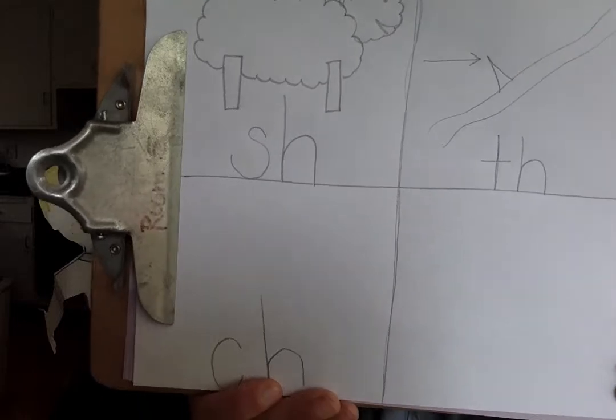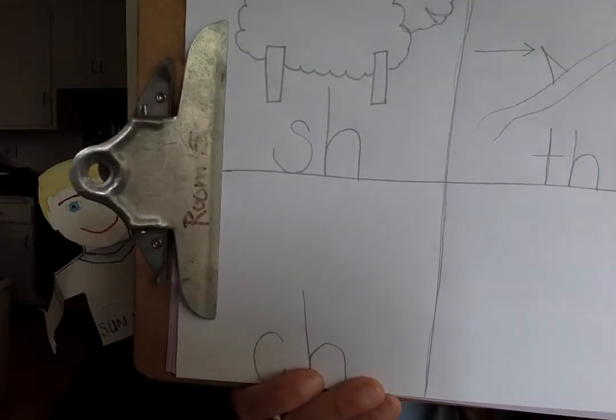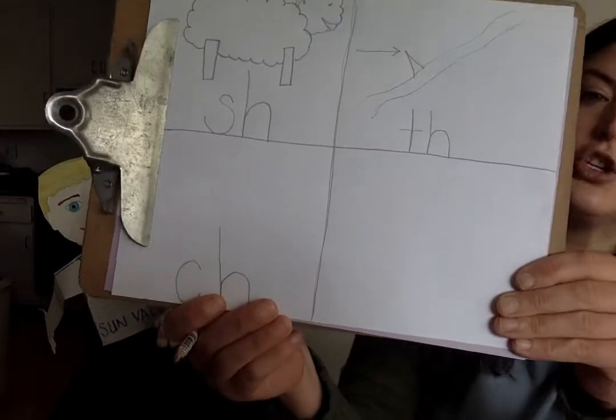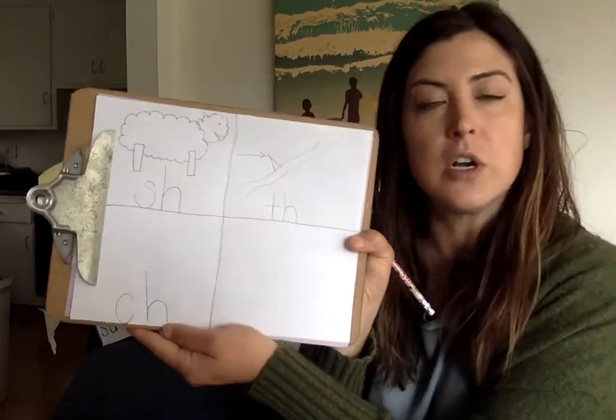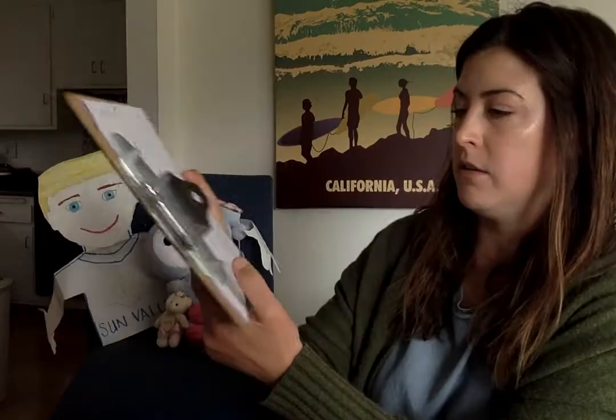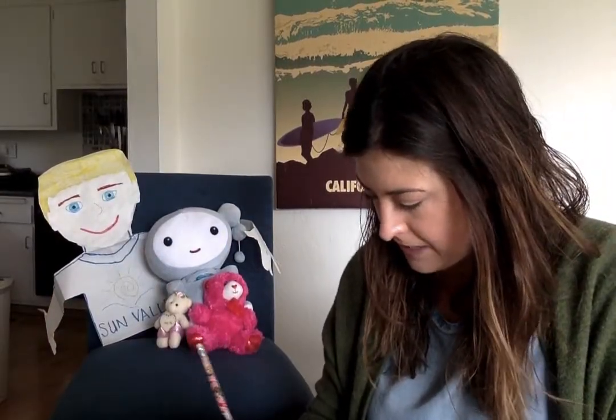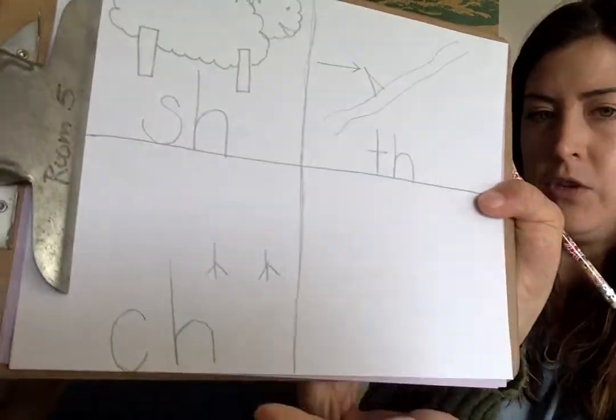So we're looking for the ch sound, and what letters make that sound? C and H. Wow, I noticed all of these diagrams have H in them. So there's C and H, and just like our letter chart in class, I'm going to draw a baby chicken, which is called a chick. So I'm going to start with the legs, which I'm just using straight lines. See the two little feet?